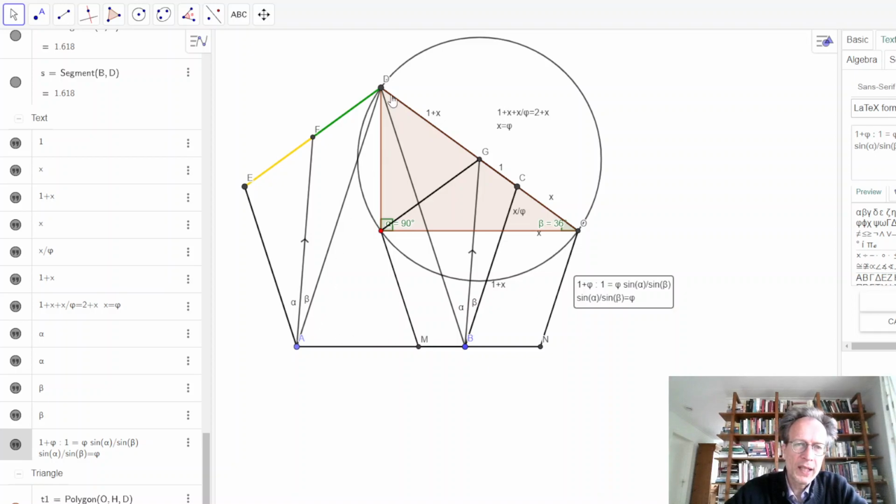But now we're going to look at this triangle, which is divided by the line AF.